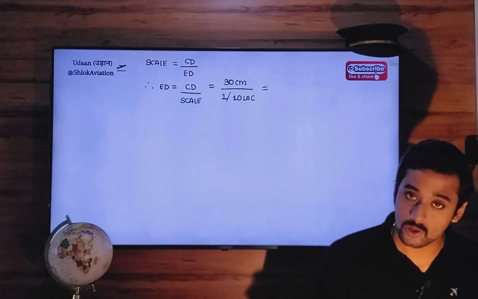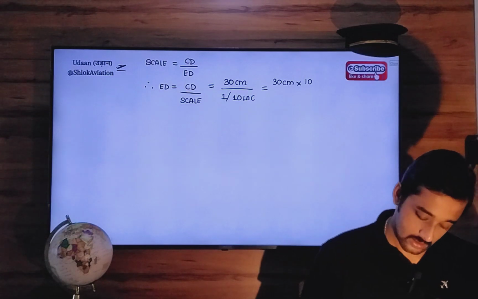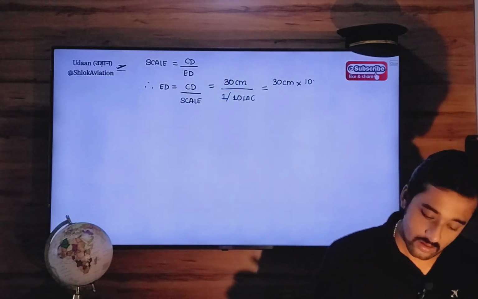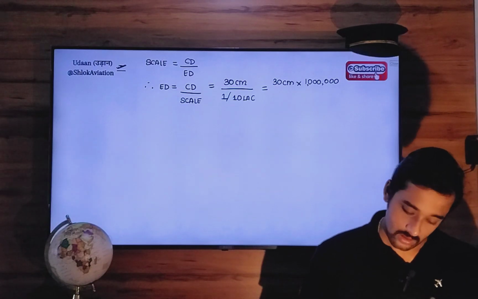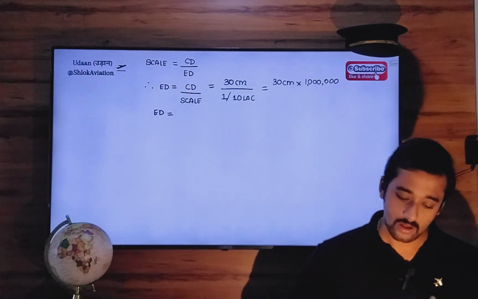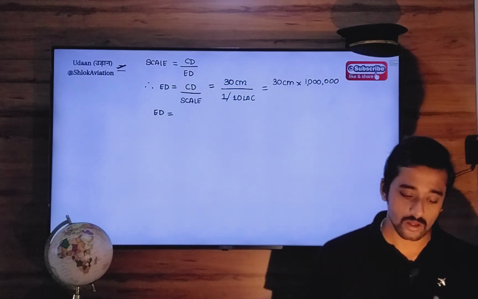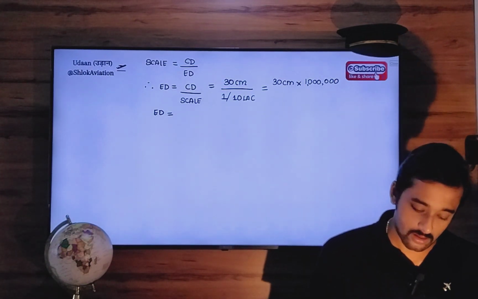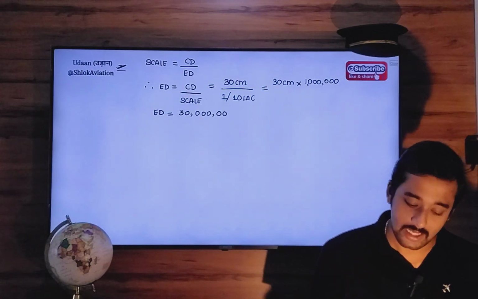So that will be equal to 30 centimeters into 10 lakh. So earth distance will be equal to 30 into 10 raised to 5, that is 3 into 10 raised to 7 centimeters.